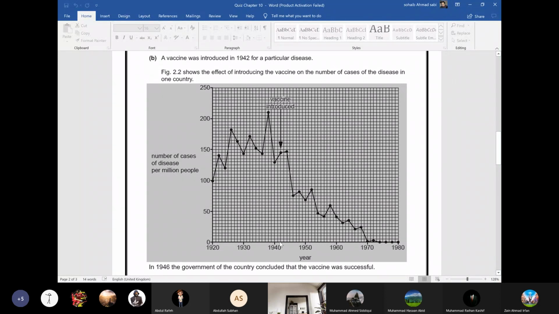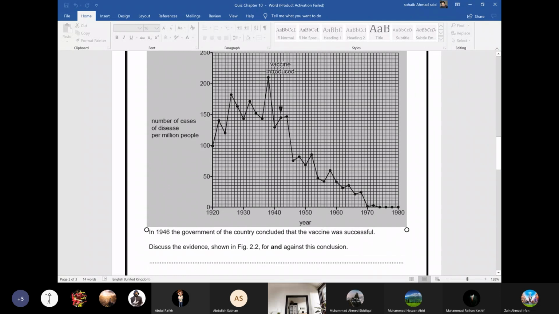In 1946, the government concluded that the vaccine was successful. Discuss the evidence shown in figure 2.2 for and against this conclusion.